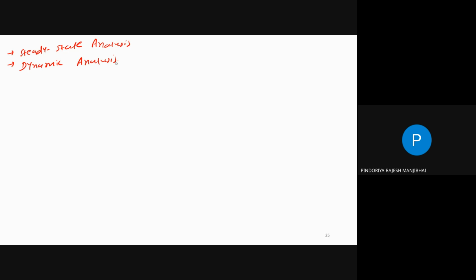Okay, very good. What about the other students? Any other student want to add anything? Okay, so steady state means the parameter is constant, there is no change with respect to time, correct? Then we can say the steady state. And a dynamic parameter changes with respect to time.